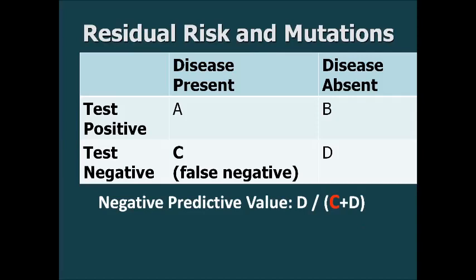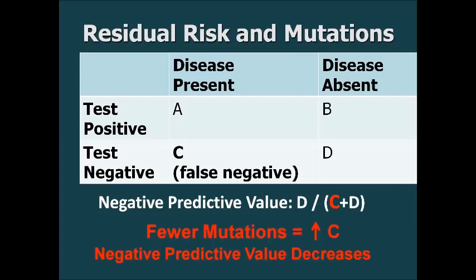If we go back to this slide, that same table that we looked at earlier, it turns out that instead of having a negative test, we will have more false negatives if we have fewer mutations on a panel. So that term C is important when we're trying to look at the negative predictive value or residual risk.